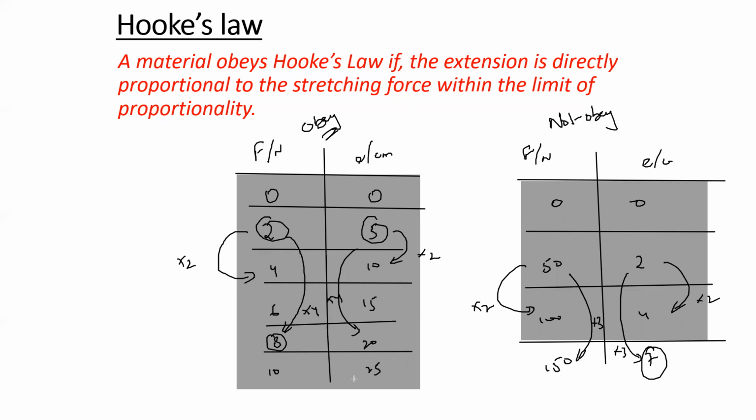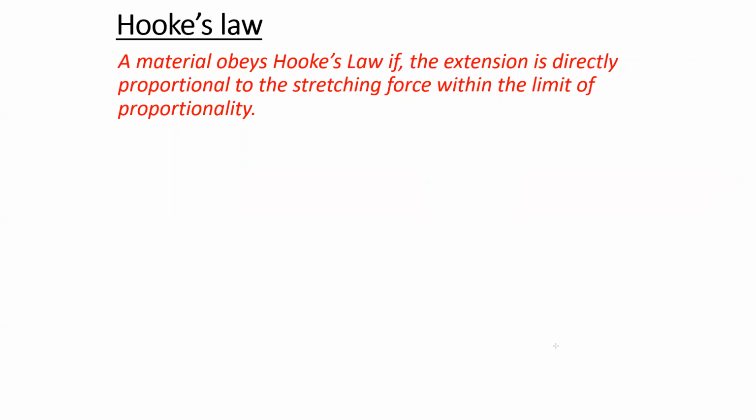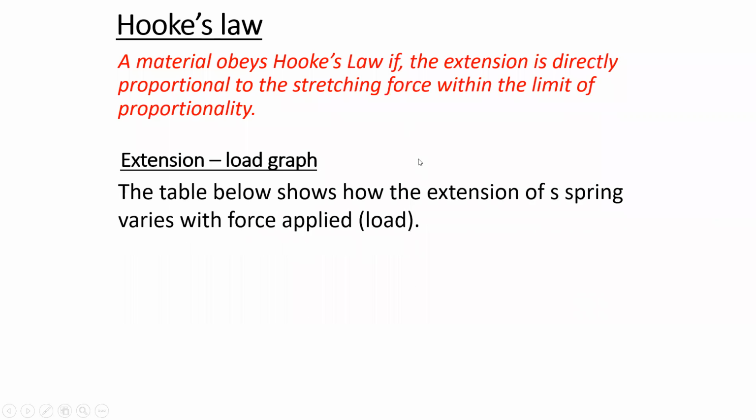Is it clear? The data, how to distinguish whether the spring obeys Hooke's law from a data. If the force and extension increase at the same rate, it means it is obeying Hooke's law. So when we plot a graph for force and extension, the table example shows the extension of a spring varies with the force applied.